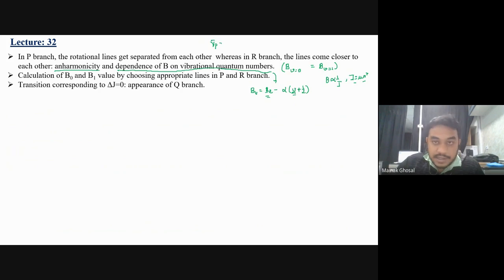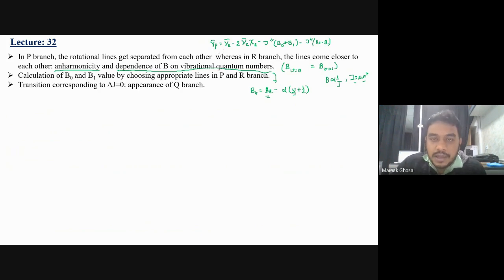I have the expression with me: nu bar P = nu bar e minus 2 nu bar e, minus J double prime into B0, where B0 corresponds to the B value of the zero level, plus B1, minus J double prime into (B0 minus B1). So it is the expression for the P branch.